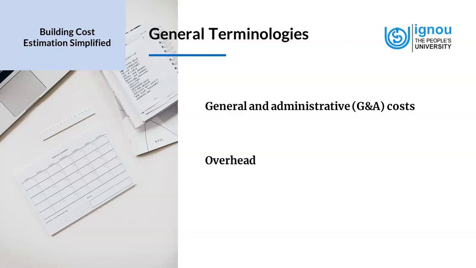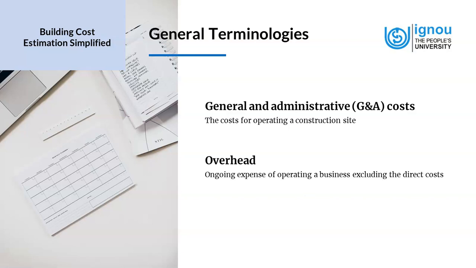We will look at the general and administrative, the G&A costs, and overhead charges, which come under the indirect costs. The general and administrative costs are the costs for operating a construction site. Now, overhead charges are the ongoing expense of operating a business, excluding the direct costs. That is what comes under the overhead charges.